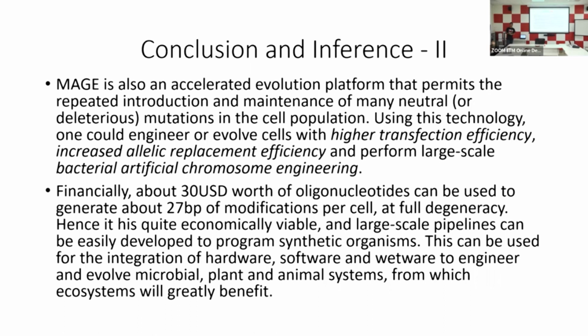Okay, any critical assessment? They have quantified it some bit, but they haven't quantified a lot as to what the allelic replacement efficiency is, how it's working, and also they haven't gone into the mechanistic depths of how oligo-mediated allelic replacement works.